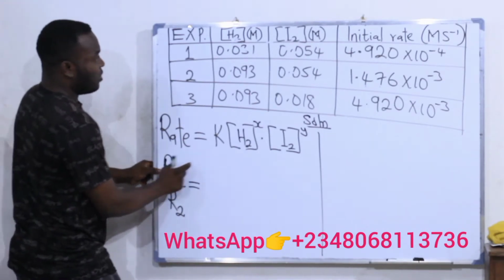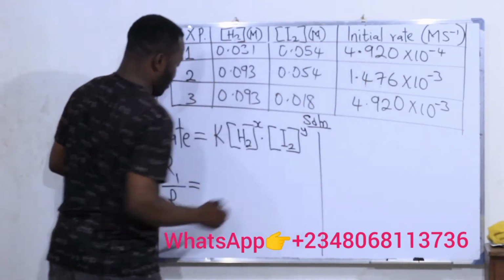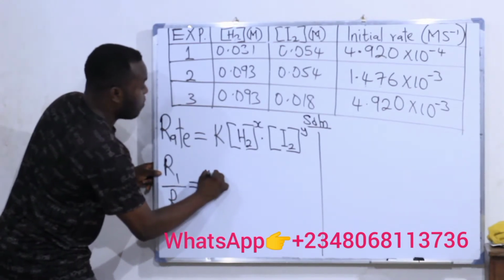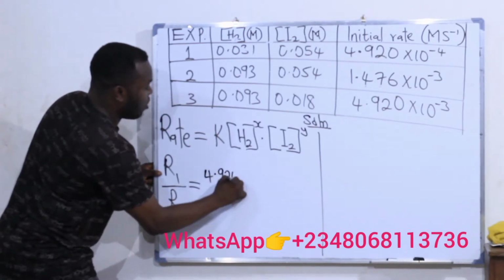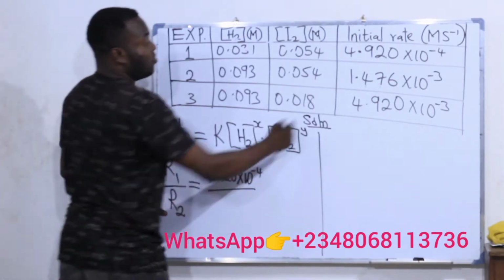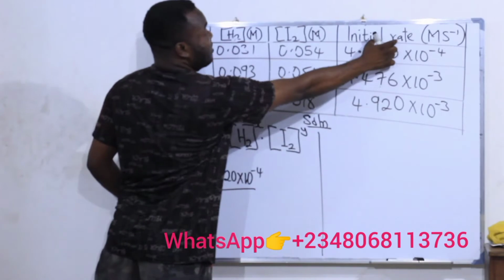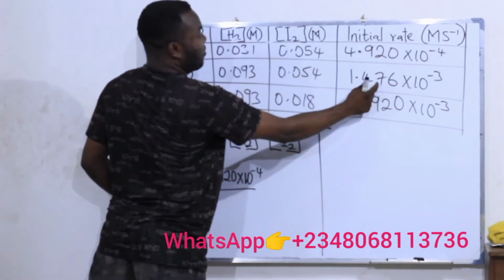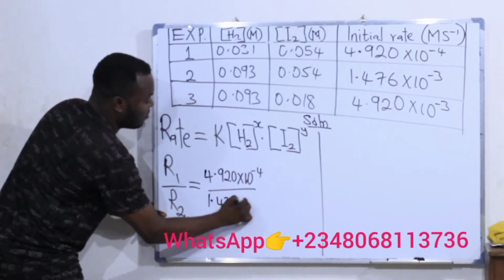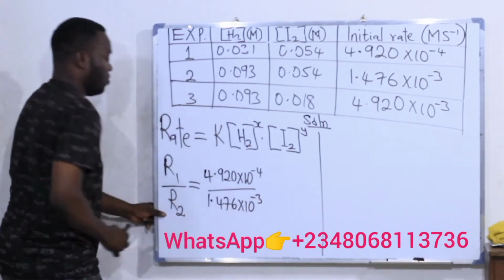My R1 is 4.920 times 10 raised to the power minus 4, all over my R2, which is 1.476 times 10 raised to the power minus 3.